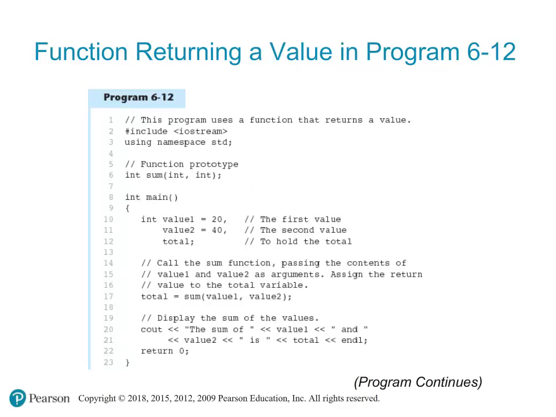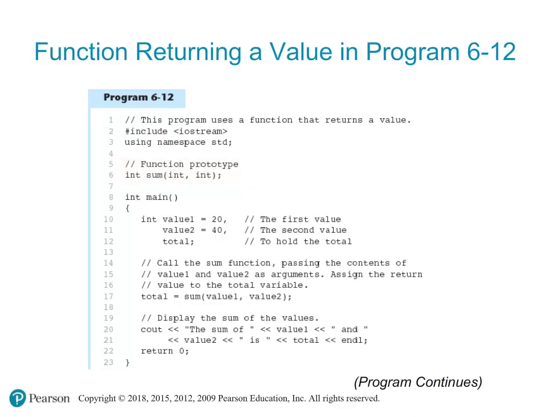This program demonstrates how to use a value returning function to perform a sum operation. The function prototype int sum(int, int); specifies that sum will take two integer parameters and return an integer.